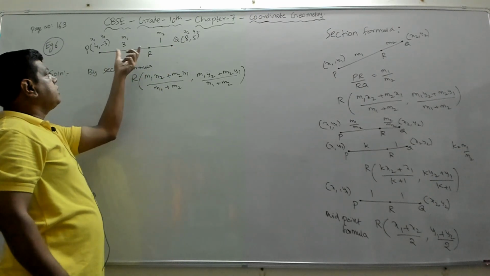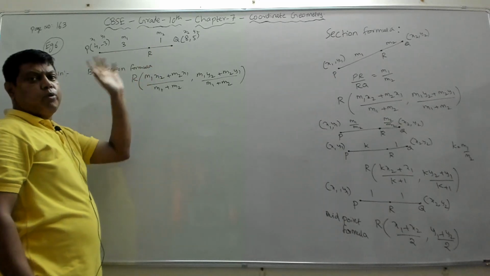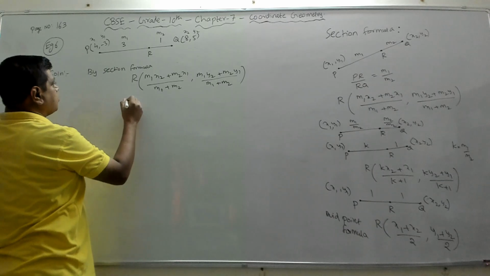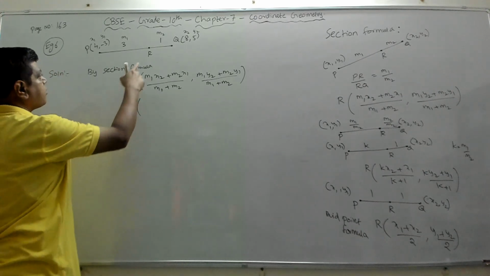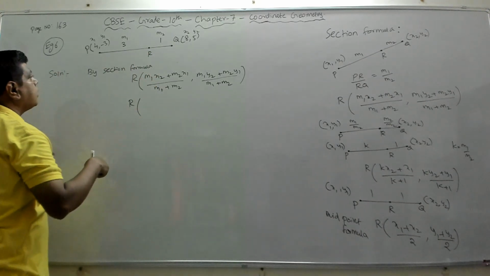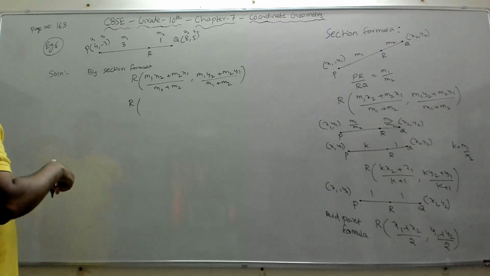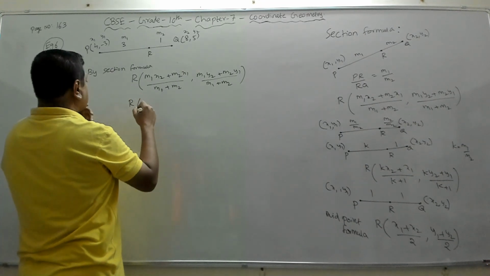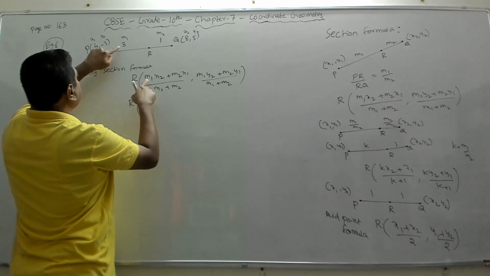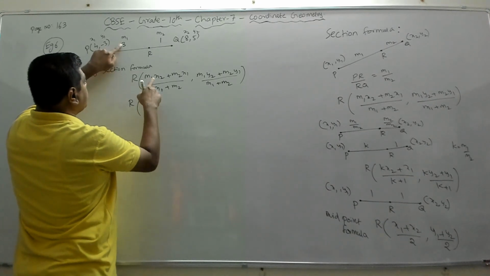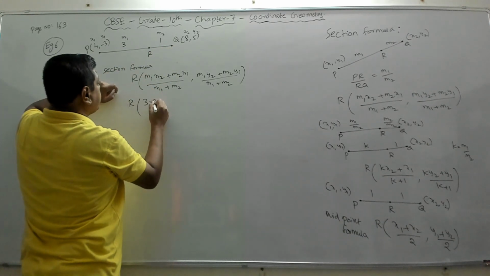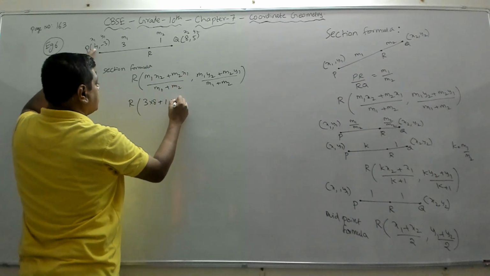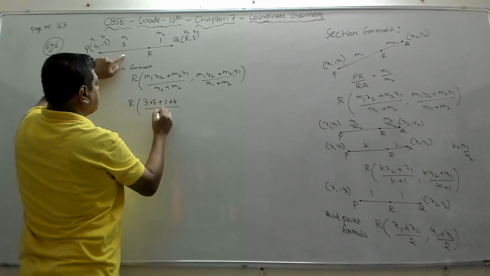3:1 means this is 3, this is 1, so this is m1 is to m2. Now let's substitute all these values in this formula. R is the point which divides the line segment PQ in the ratio 3:1. So R is given by m1, which is 3, into x2, which is 8, plus m2, which is 1, into x1, which is 4, by m1 plus m2, 3 plus 1.